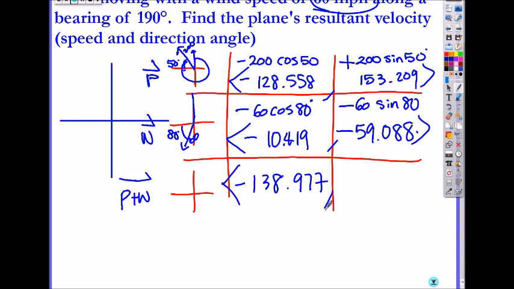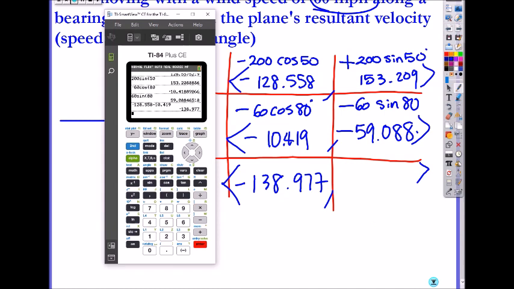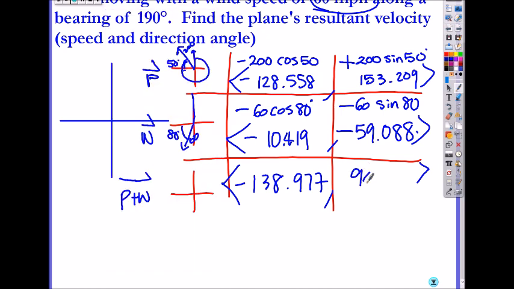And I add 153.209 plus negative, meaning minus, 59.088, so 94.121. So that's my resultant vector in component form.